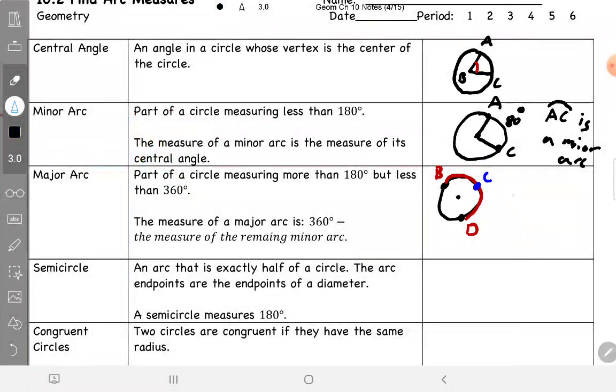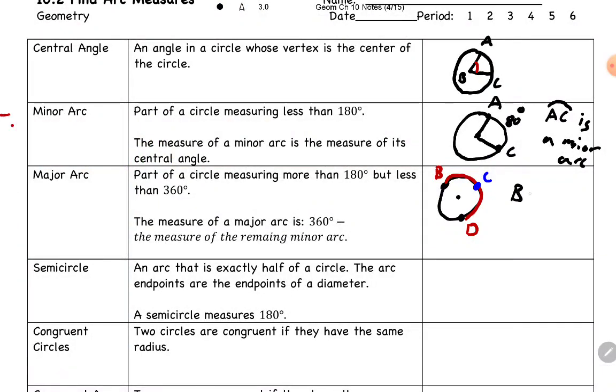So this would be arc BCD, and this would be a major arc, because this angle here following the red line would be bigger than 180 degrees.